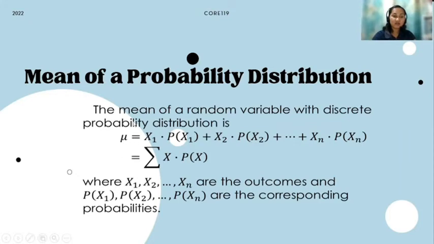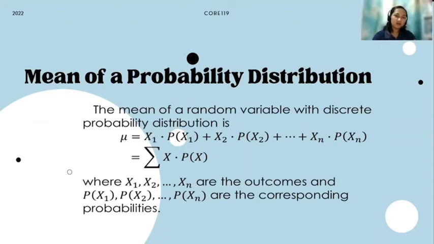This is the notation for the mean of a probability distribution, also known as the expected value, and it is equal to x sub 1 times the probability of x sub 1, plus x sub 2 times the probability of x sub 2, up until x sub n, after which we take the summation of all these values. So the mean is equal to the summation of the product of x and p of x. Okay, so that is for the mean of a probability distribution.